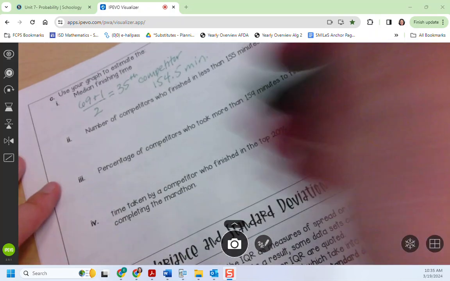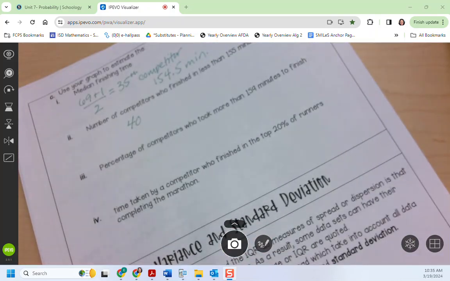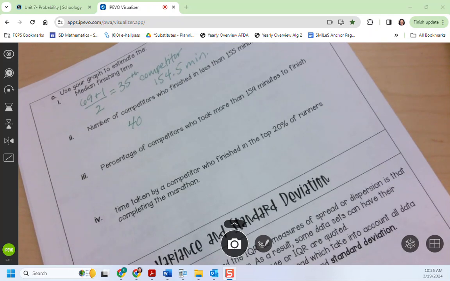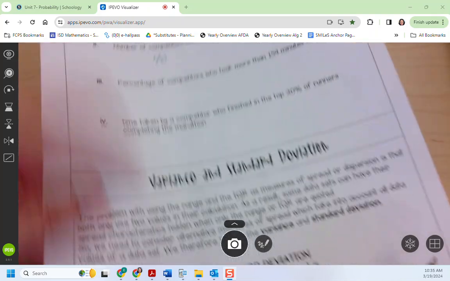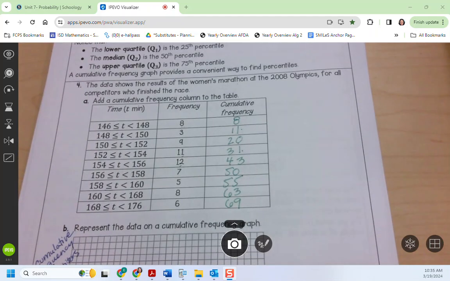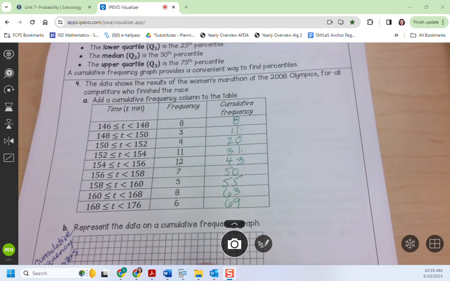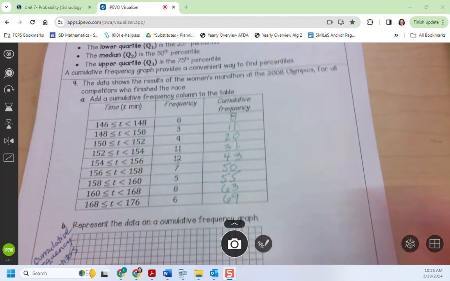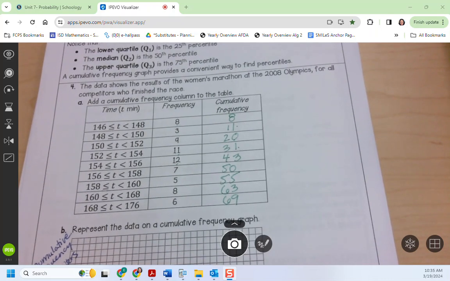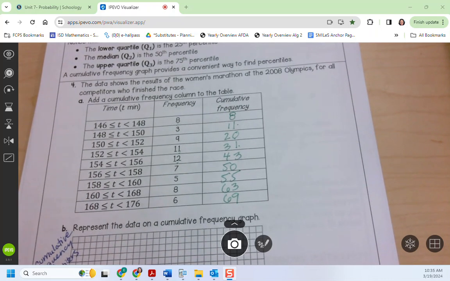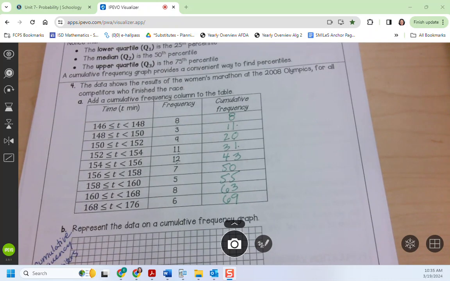The percentage of competitors who took more than 159 minutes to complete. So we're going to find out how many took more than 159 minutes, and then we're going to find the percent. So let's find 159 minutes. Right here. All right, this is definitely in between.